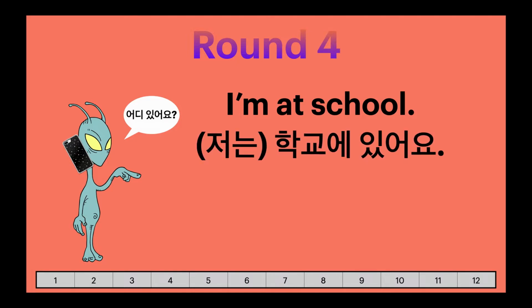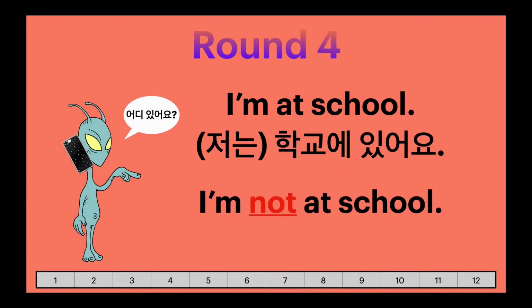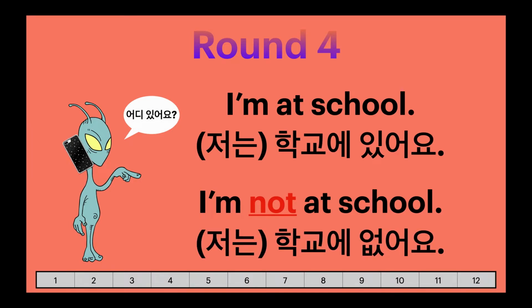저는 학교에 있어요. Now remember that when using 있어요 and 없어요, you will use 에 as opposed to 에서 for the word at. 에 is what's used to represent your location when using 있어요 and 없어요. And now let's go ahead and tell our alien friend, I'm not at school. 저는 학교에 없어요.